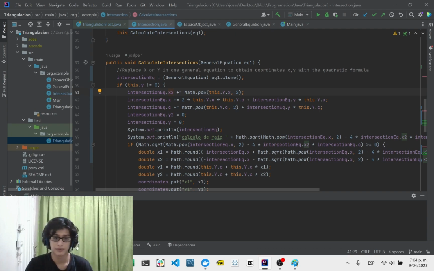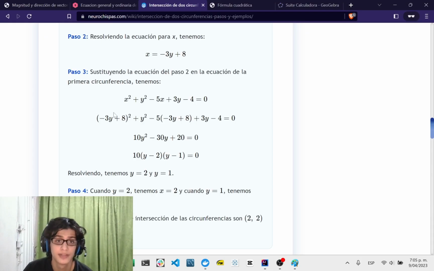For example, if I replace the x, I'm going to get a 3 raised to y, that is, for example, 9y. So if I add 9 to this y, I'm going to have 10, right?